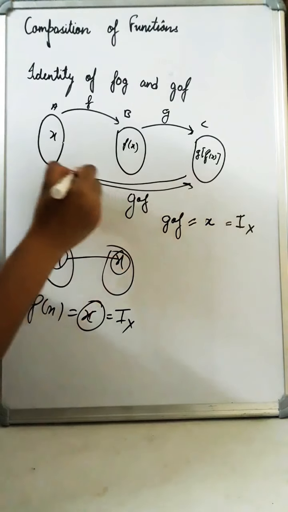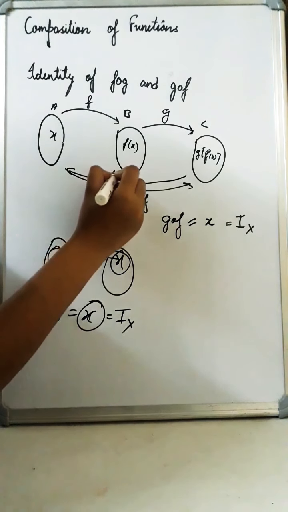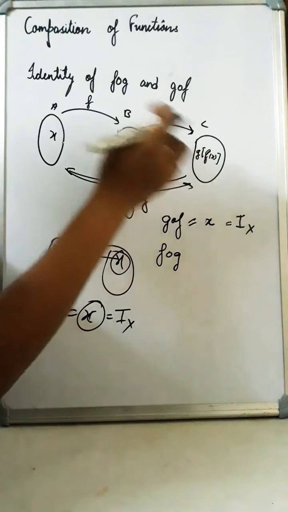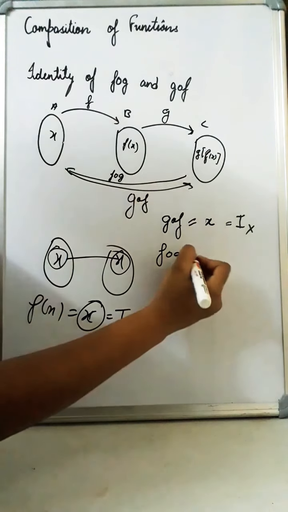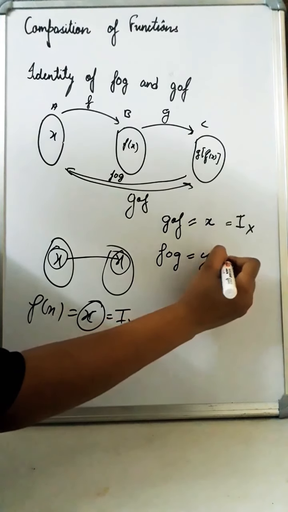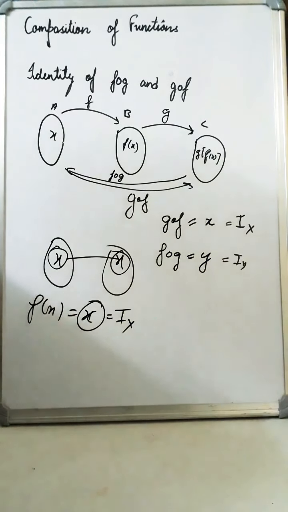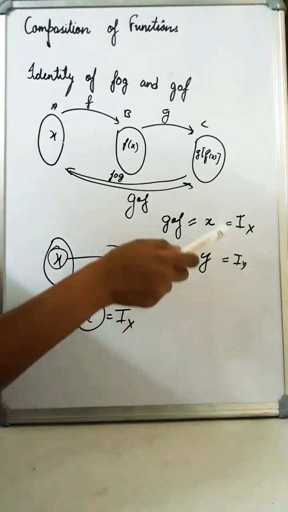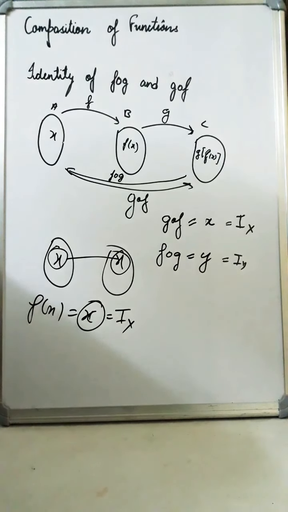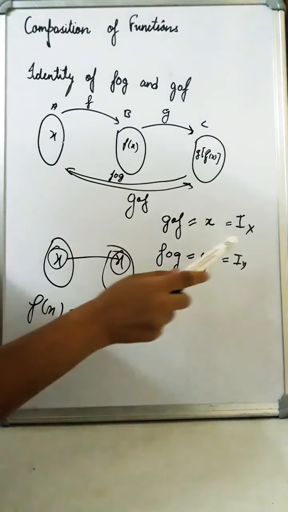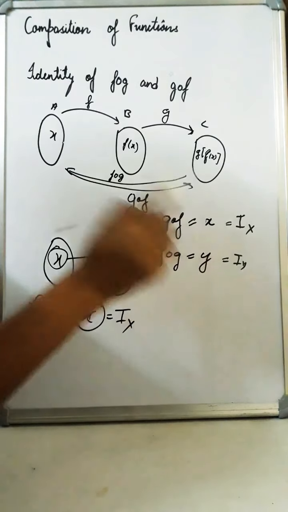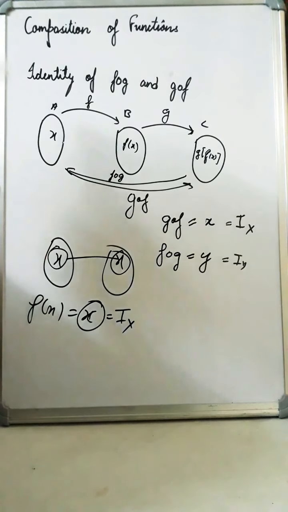Similarly, for f of g, you start from y, it is treated with this function, and if again you get y only, then this y is called iy, the identity of the function. So keep these two things in mind, because these two results are going to help you in a lot of numericals: ix is x only, iy is y only. These are the identities of the mapping, meaning the identity of the composition of the two functions.